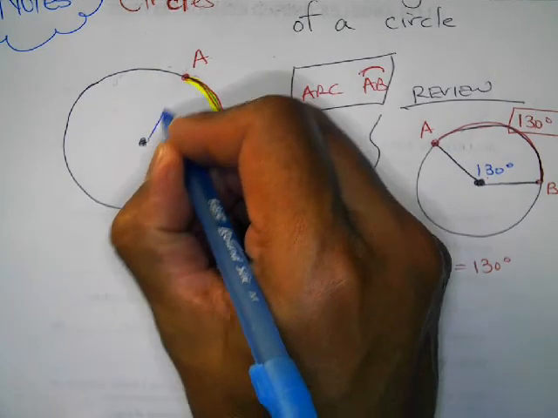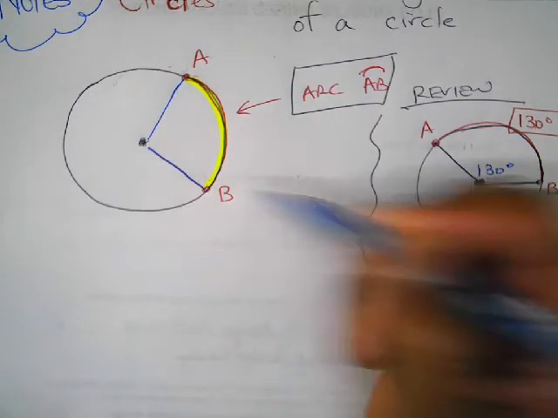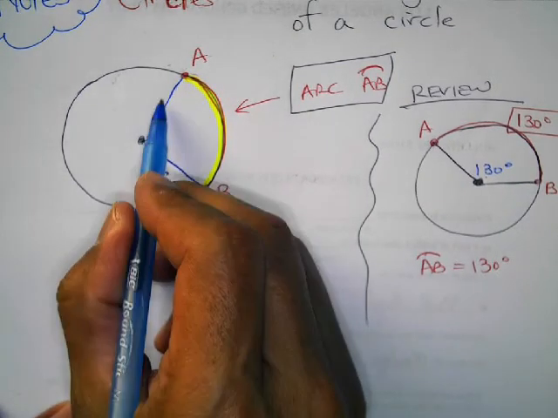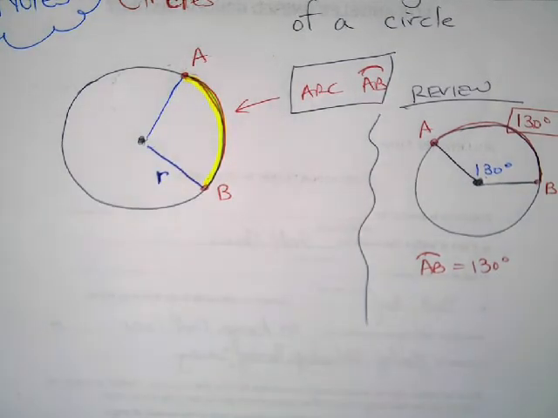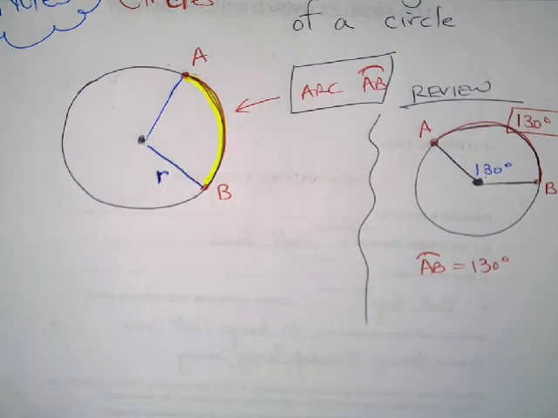And obviously from the center to point A, or from the center to point B, we know that's the radius, right? That's R. I can write it here, or I can write it here. It's the same measure, right? The radius will be the same.